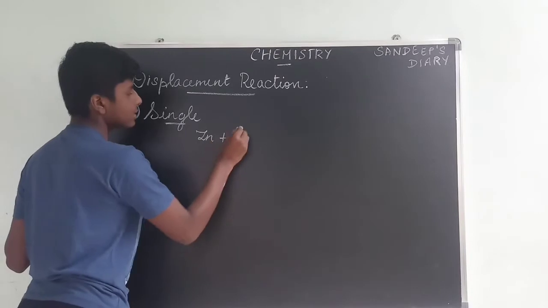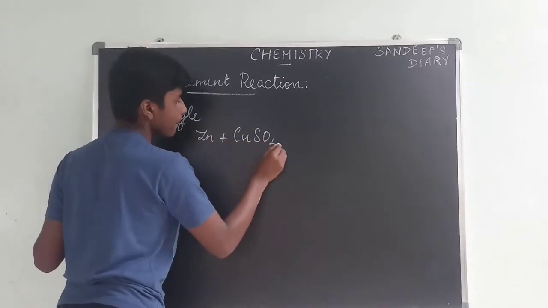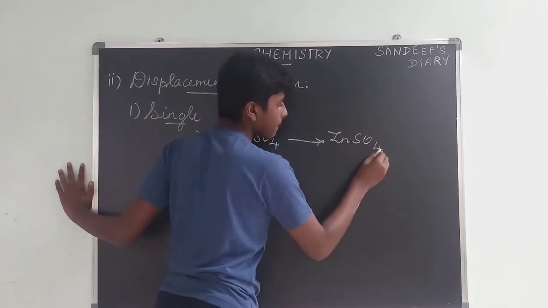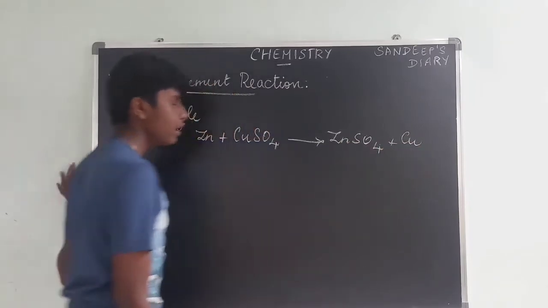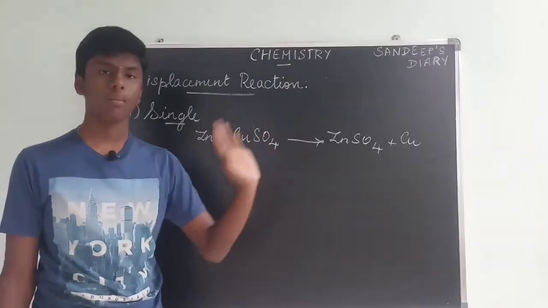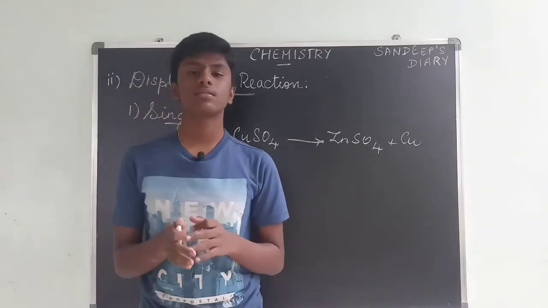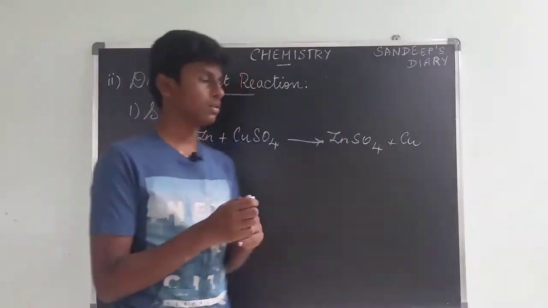Zinc plus copper sulfate produces zinc sulfate plus copper. Here you can see zinc displaced copper. Only one substance displaces the other substance. Next is the double displacement reaction.